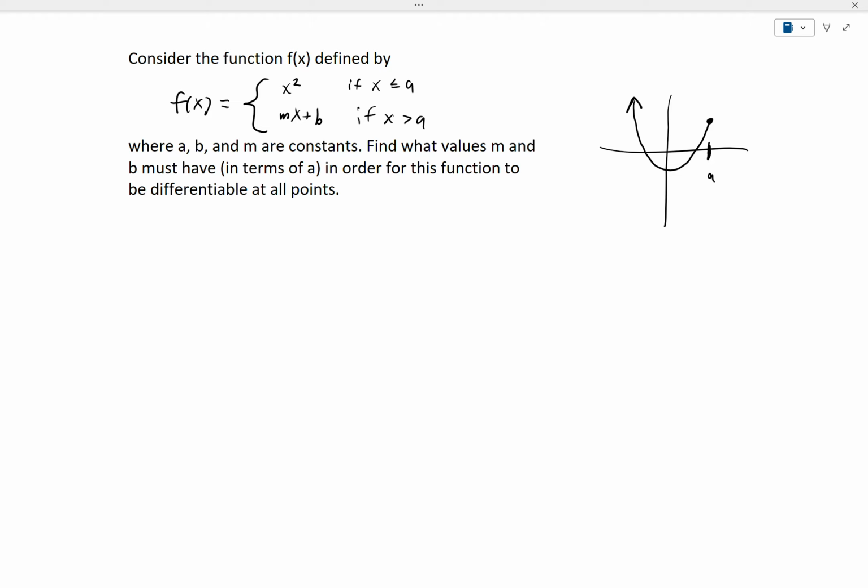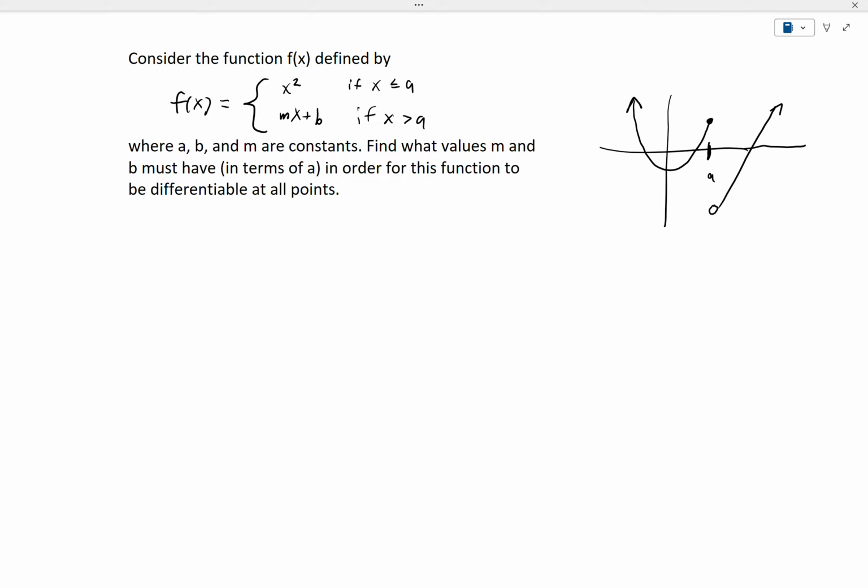And if we're greater than a, it's going to be some linear function. I'm going to draw the linear function just down here, so it's not included right there. And there's our linear function. So this is kind of what this graph is going to look like.